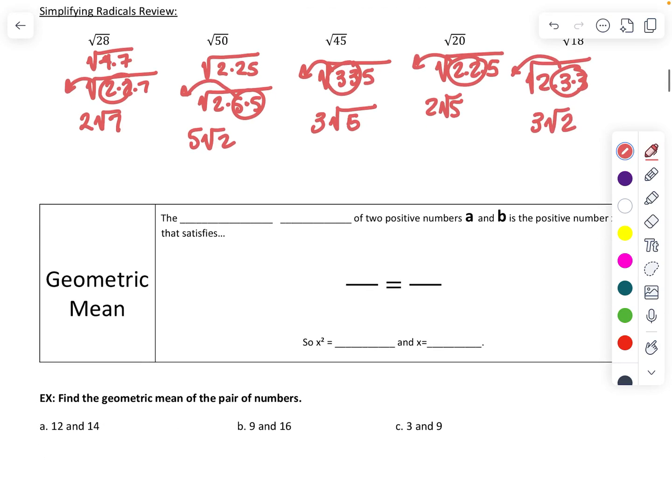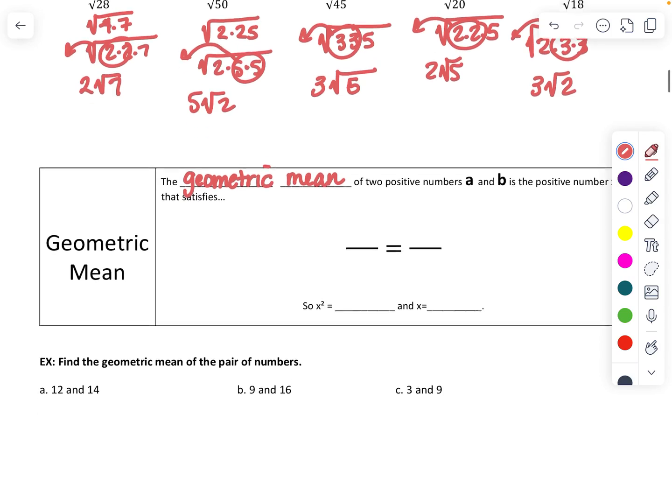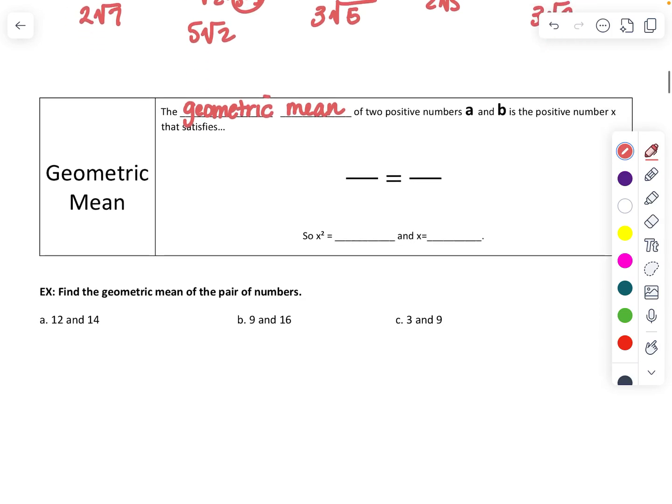All right, today we're looking at geometric mean. And kind of like when you take the mean, meaning average, when you take the average of something, you add things together and then you divide by the number of items you are adding. Geometric mean is kind of similar, but instead we are multiplying two positive numbers and then we're taking the square root of it.